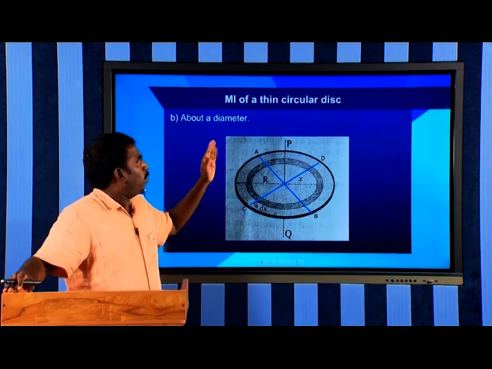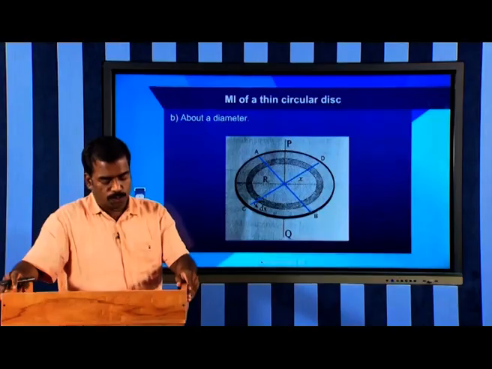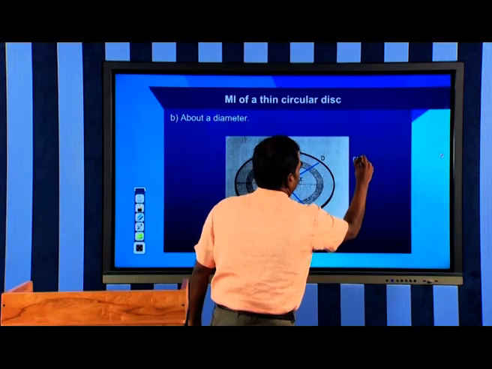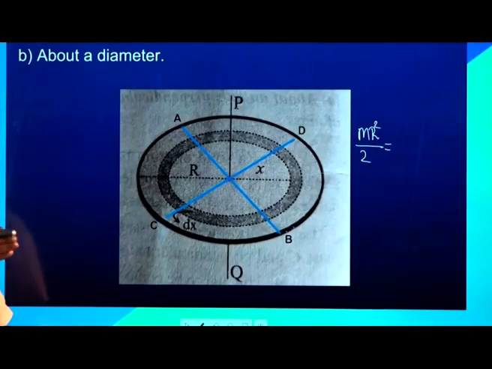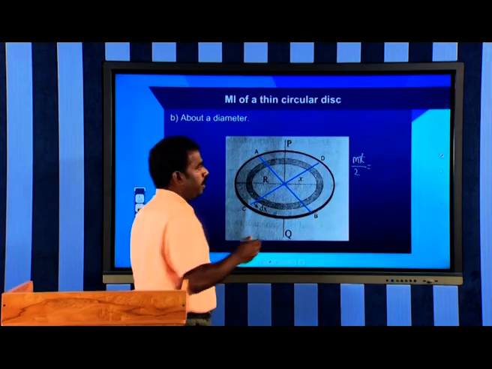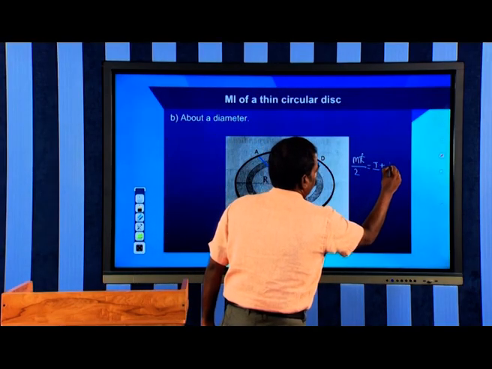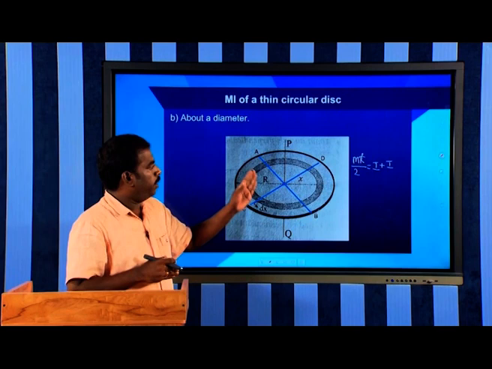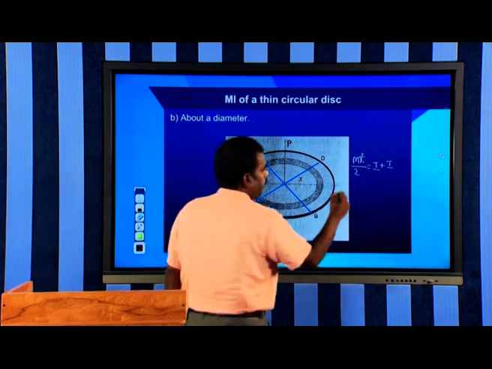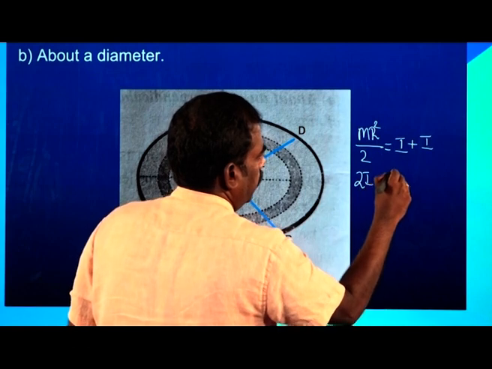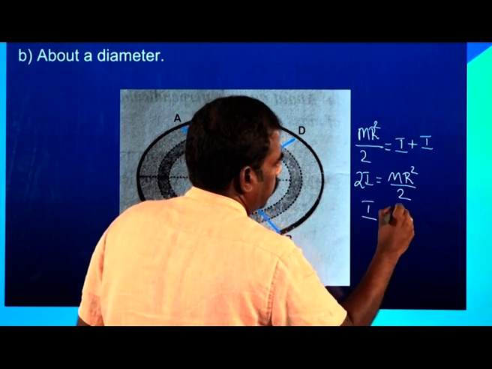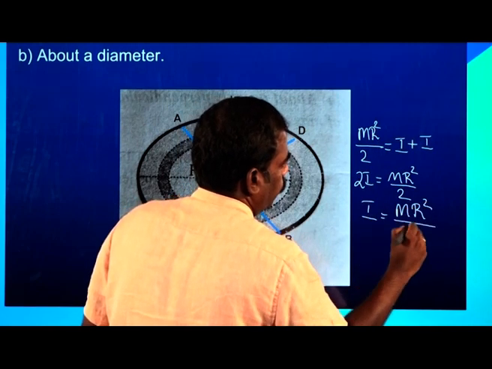The moment of inertia of the disk about PQ is m r square by 2, which is equal to I plus I, if I is the moment of inertia of the disk about a diameter, because it is the same about all diameters. So m r square by 2 equals 2I, or I equals m r square by 4.